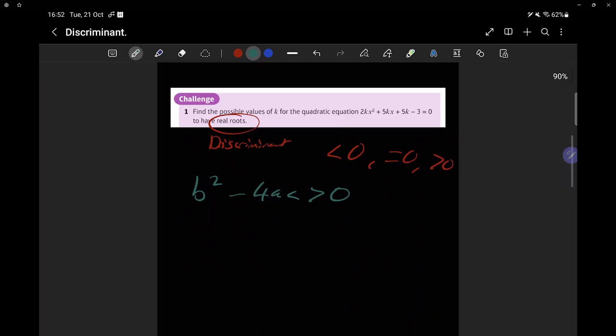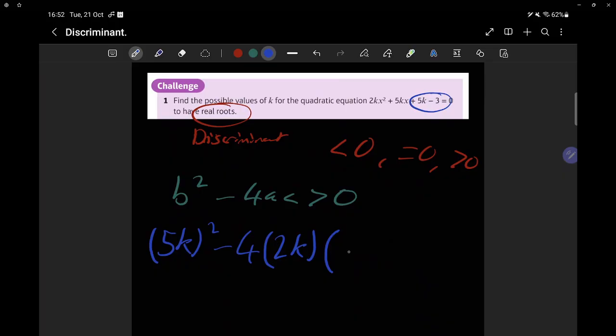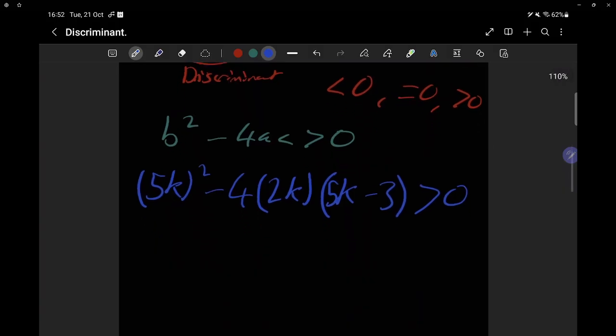But in this case, what is our b, our a, and our c? Well, we know our b is 5k, and remember to square it, minus 4, our a is 2k, that's the coefficient of x squared, and our c, you've got to be careful here, it's all of that there, the 5k minus 3. So that is our c, and that's all greater than 0.